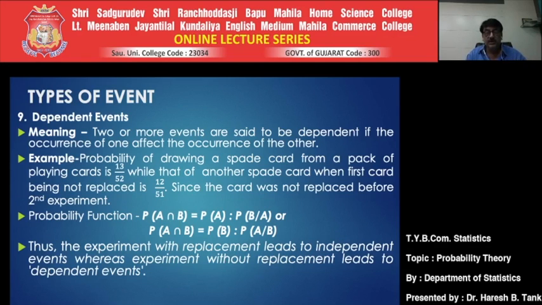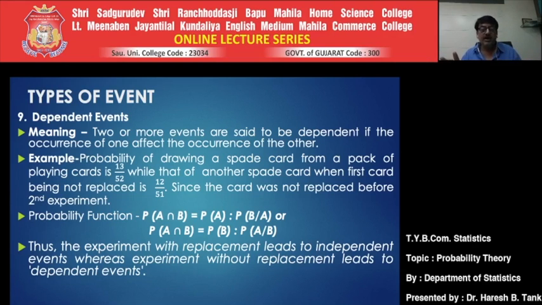Look, in the first case it was 13 by 52, while drawing the second card it became 12 by 51. So look, the occurrence of the first event affected the occurrence of the second event. They were affected just because we have not replaced it.